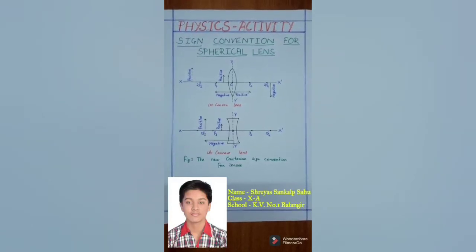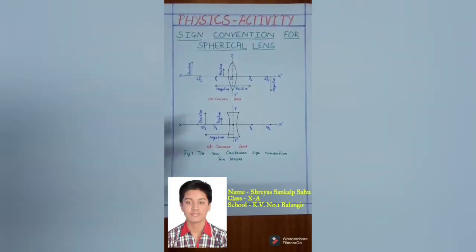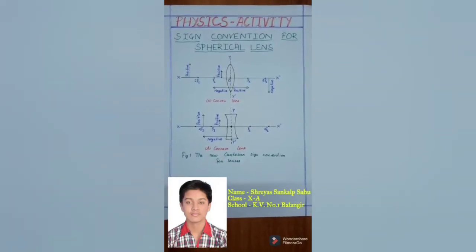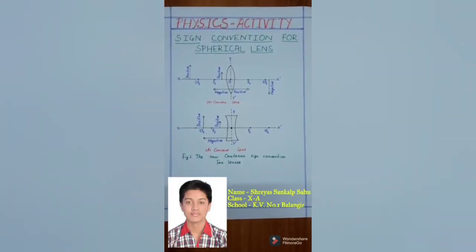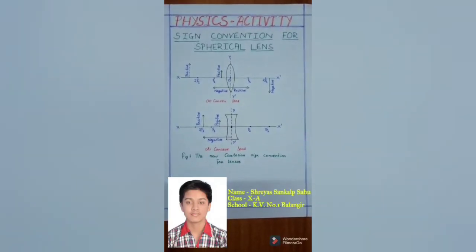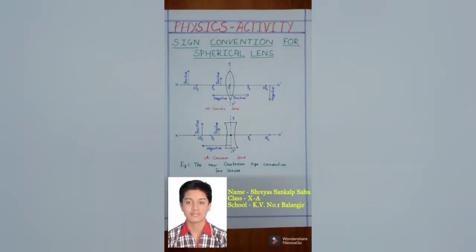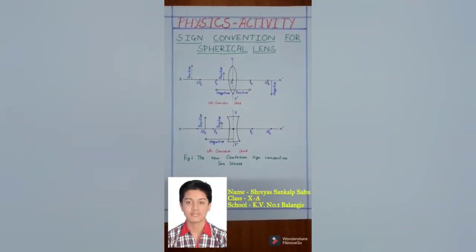So, the new Cartesian sign convention for lenses is shown in the figure, in which the object is always placed on the left side of the lens. The direction of incident light is from left to right.